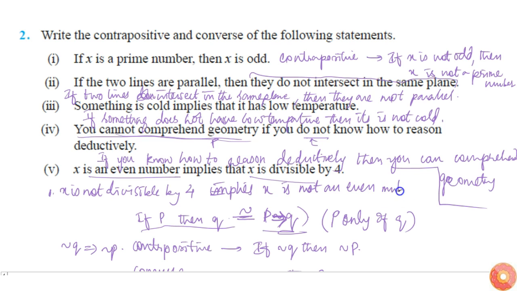So this is how the contrapositive is written.